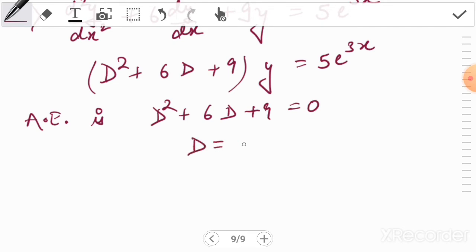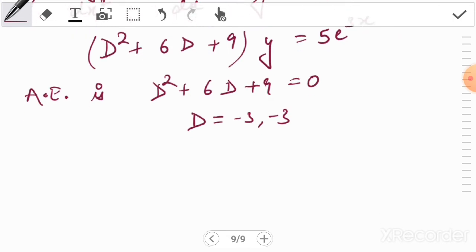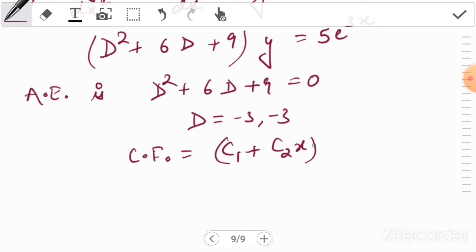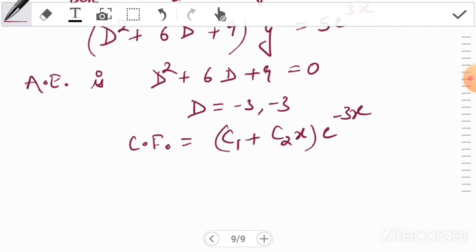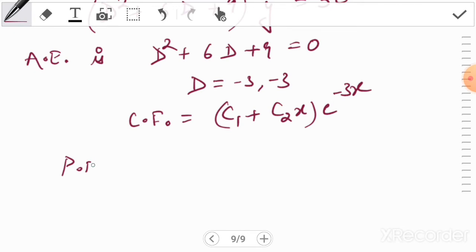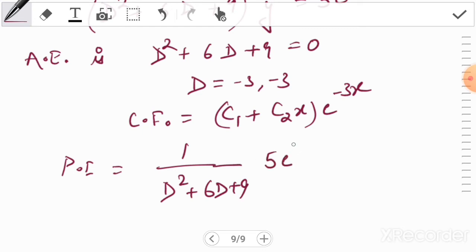So D is equal to minus 3 and minus 3, repeated roots. So the complementary function is (c1 plus c2 x) e raised to the power minus 3x. Now the particular integral is equal to 1 by (D square plus 6D plus 9) of 5 e raised to the power 3x.